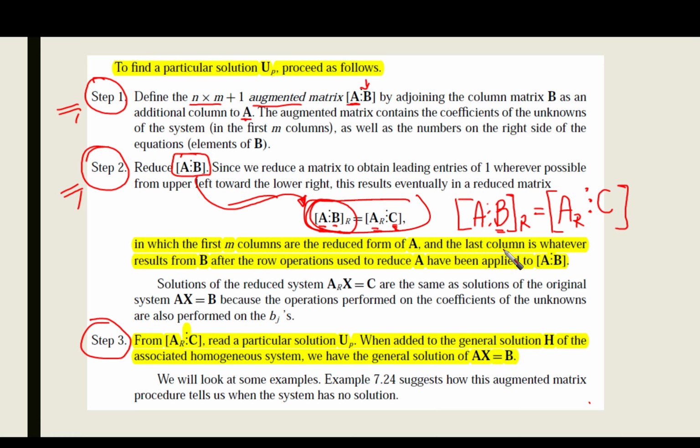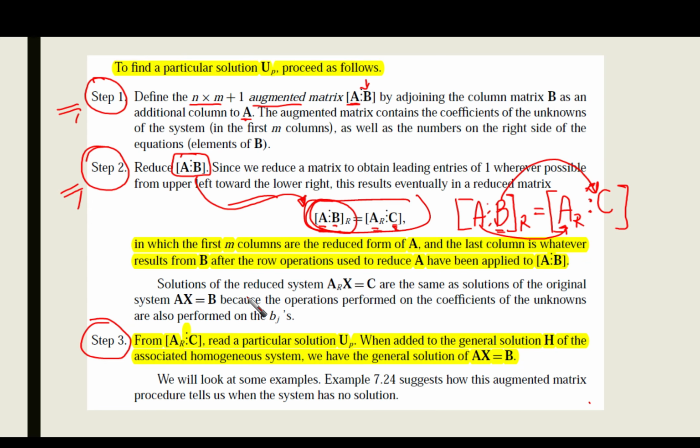The first m columns are going to be the reduced matrix AR, and the last column is whatever results from B after the row operations used to make the reduction for AR. So B is going to be C after making the reduction on A to obtain AR.